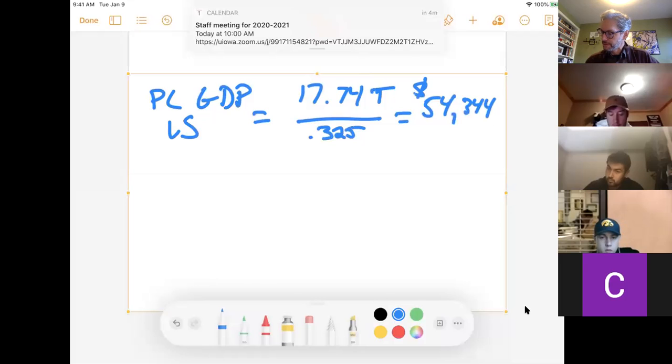Actually, I'm just going to do it like this. I'm obviously dropping a lot of zeros here. Sorry for doing this. I should have the zeros out, but it's kind of hard to fit it all on this thing. But if you divide $17.74 trillion by 325 million, you get about $54,000 a person. What about for China?